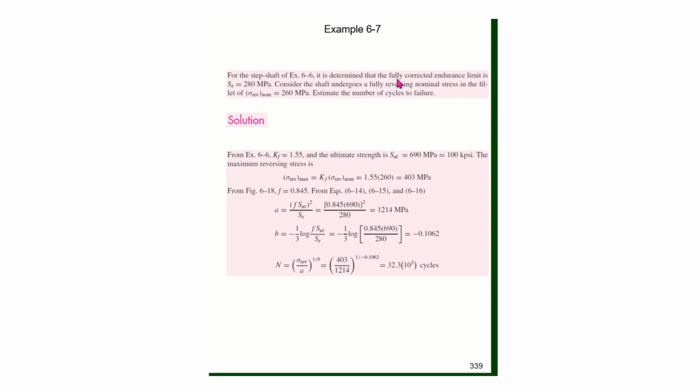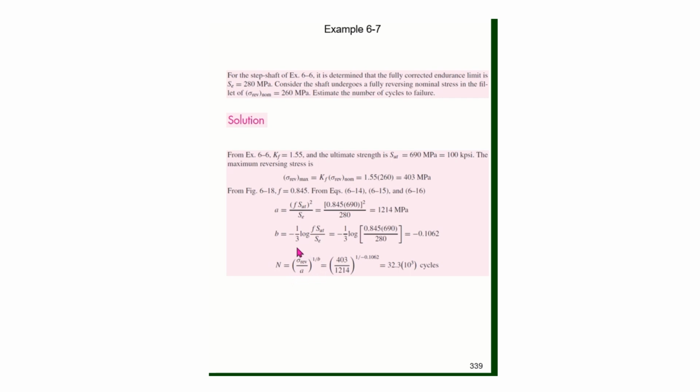Even though this says fully corrected endurance limit, it's been fully corrected except for stress concentration factors. So we have increased the stress to account for that stress concentration factor. As we talked about from the figure, we can pull off our fatigue modification factor, little f. Then we can compute A and B.